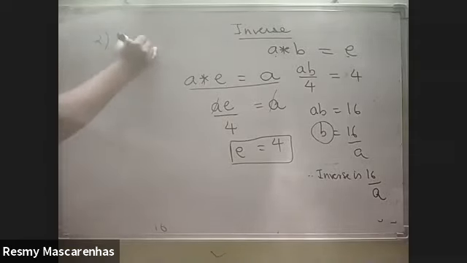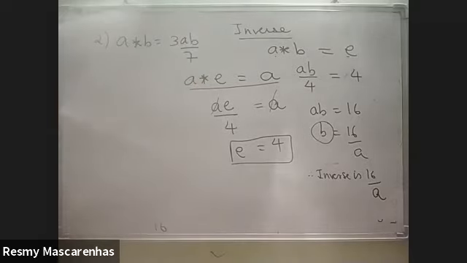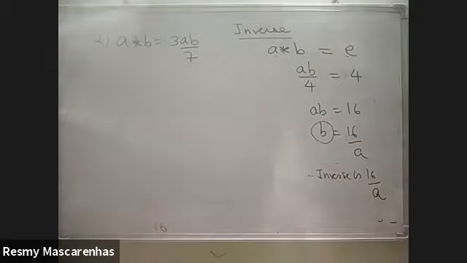This A star B is the same way as the first problem. Okay, now the second one I'll solve. In this second one, if you are still having some doubts, you can ask. Teacher, can you again explain that commutative part?